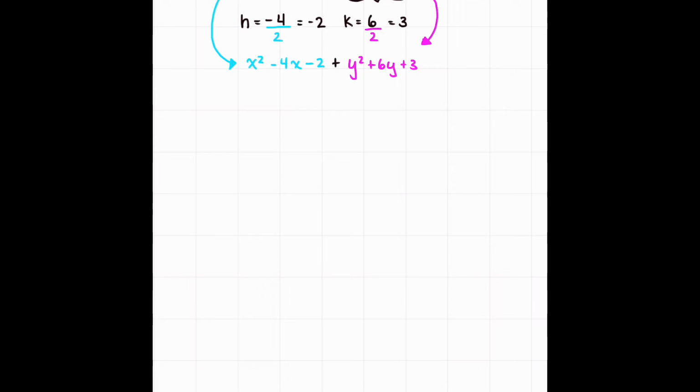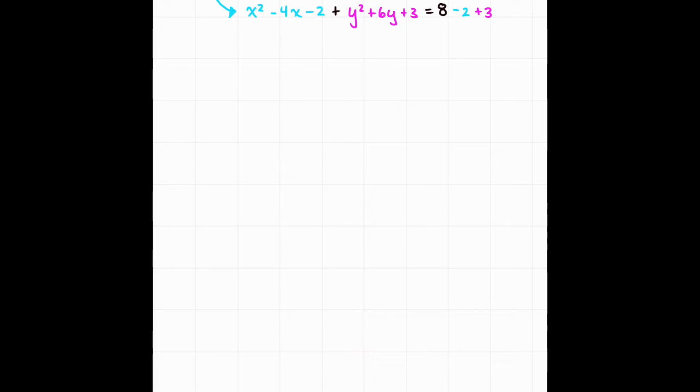And that is set equal to 8. Now, since we added -2 from the x component and +3 from the y component on the left-hand side, we'll have to do the same thing to the right-hand side. So -2 plus 3.